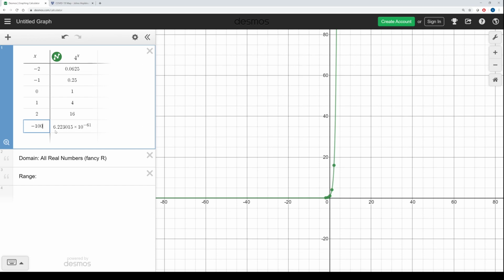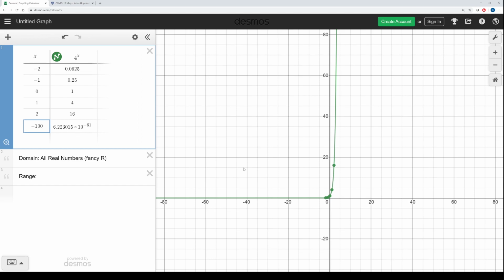We would move the decimal place 61 places to the left. That would be 0.0000000000, 60 zeros, and then 6223015. So it's just an eensy-weensy little bit above 0.